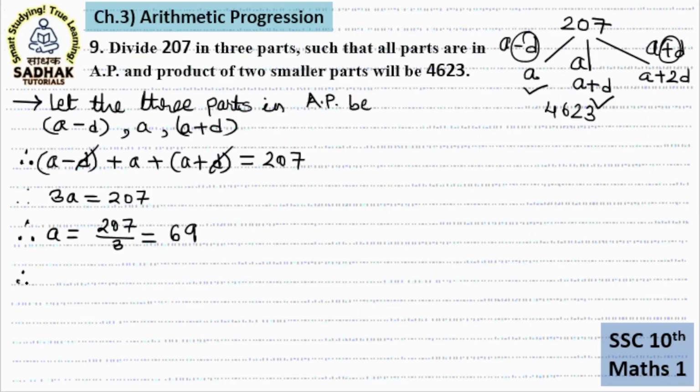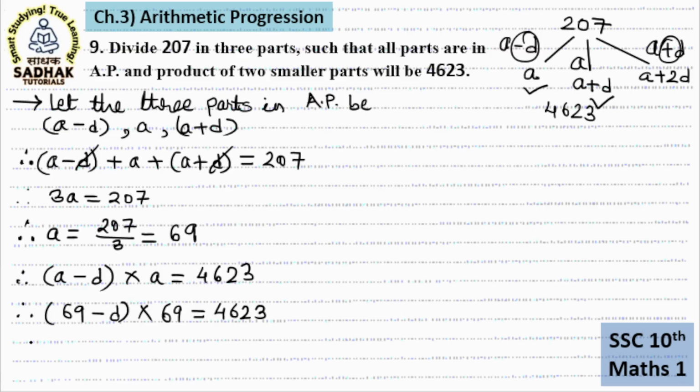Therefore the product of the smaller parts is A minus D multiplied by A, which is equal to 4623. Now we know that A is 69, so we can just replace it. So that means 69 minus D multiplied by 69 will give us 4623.